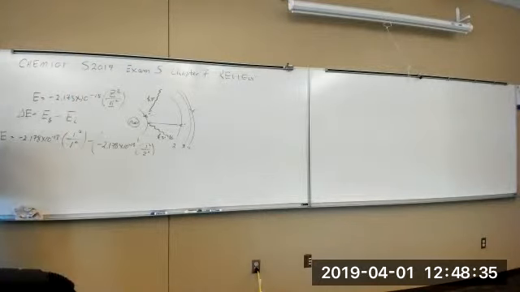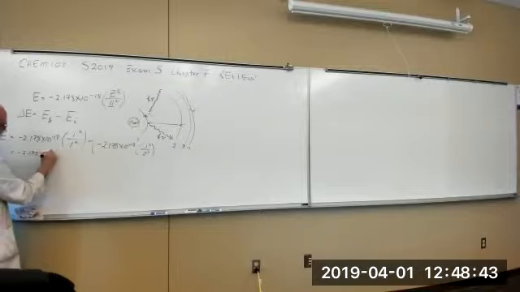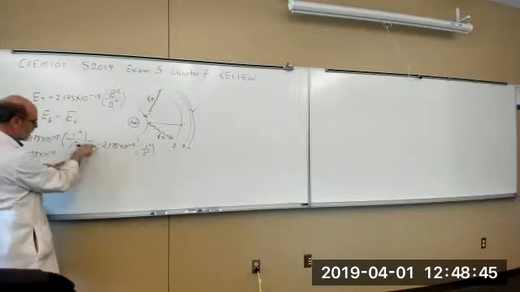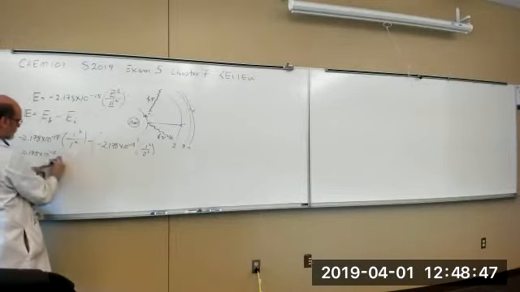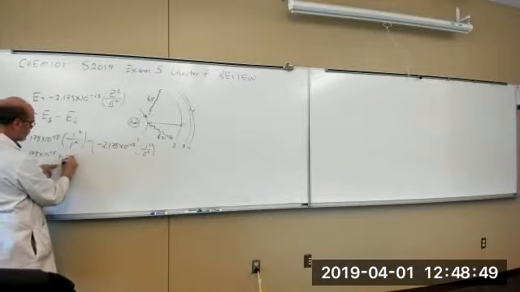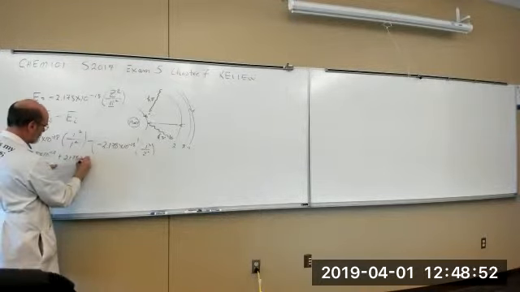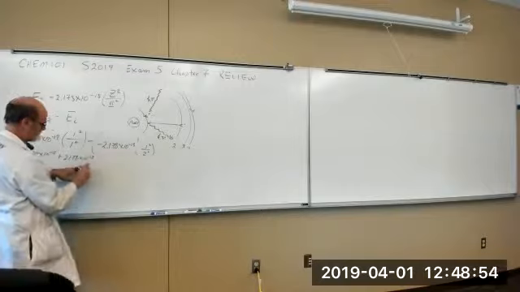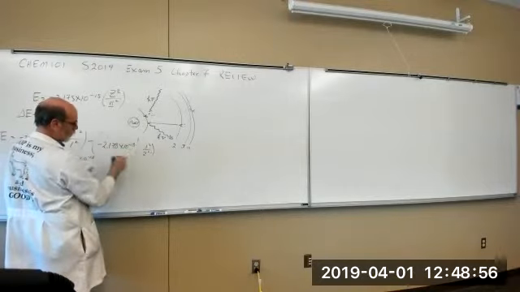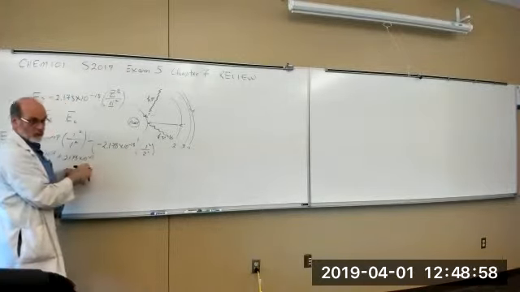So what is this equal to? Well, that's 1 over 1. So it's minus 2.178 times 10 to the minus 18. And this is a plus, right? Minus times a minus, plus 2.178 times 10 to the minus 18 times 1/4, right? 1 squared over 2 squared.